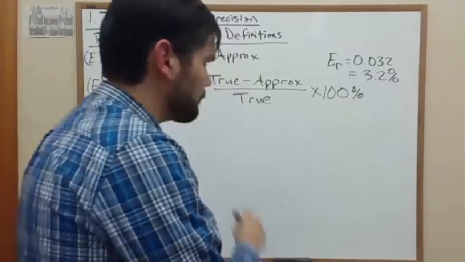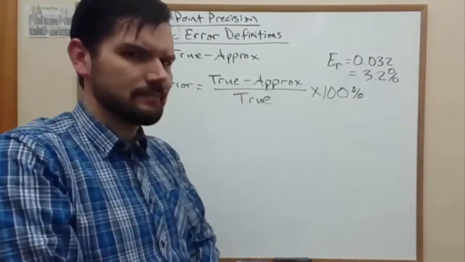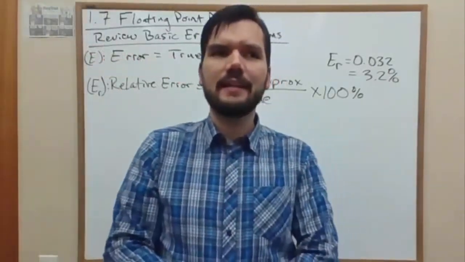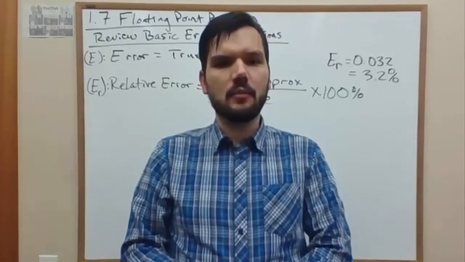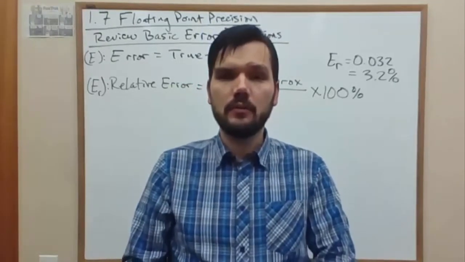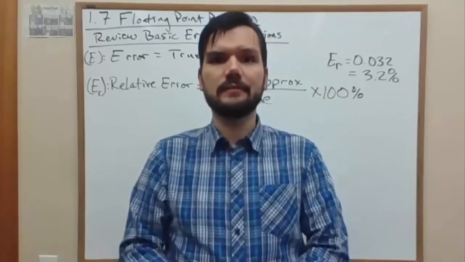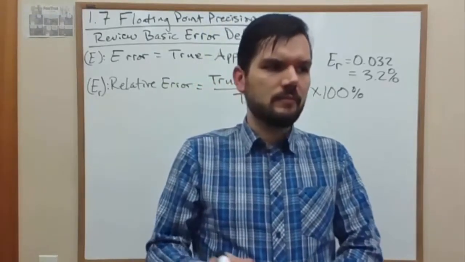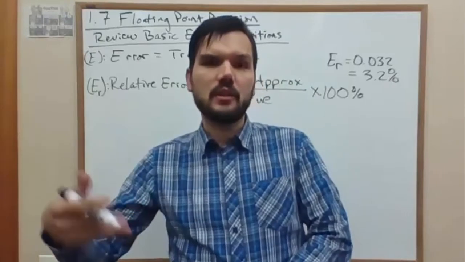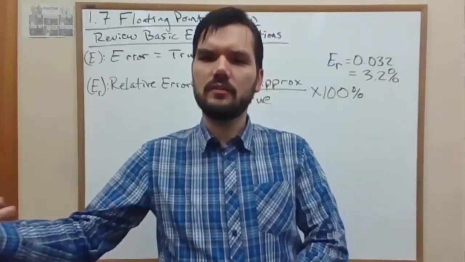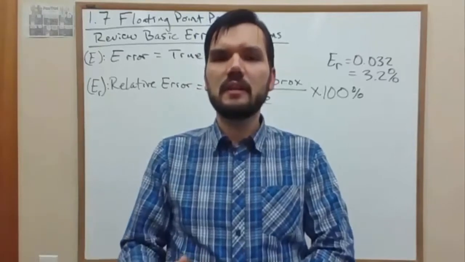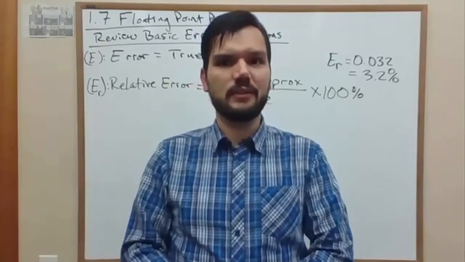Now, one caveat in these definitions is that we are approximating because we often don't know the true value. Well, that is in terms of when you're solving something. So when we use approximations to solve an equation, we're doing it because we don't know the solution.